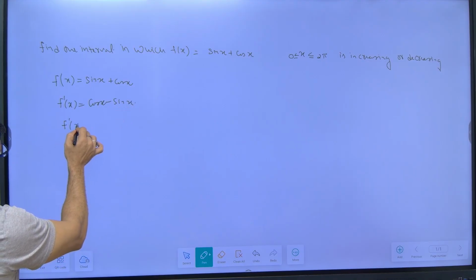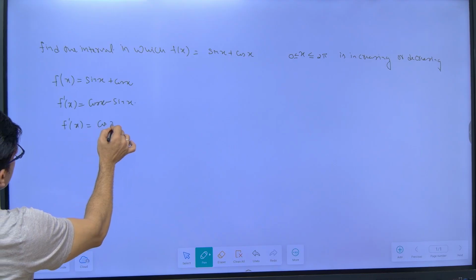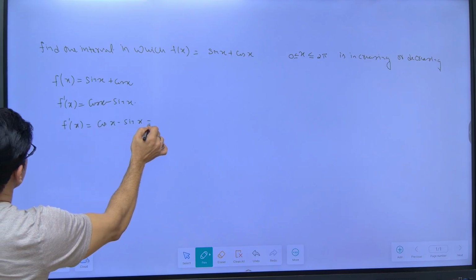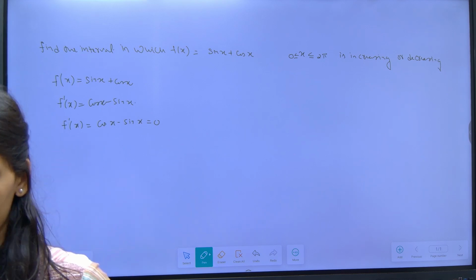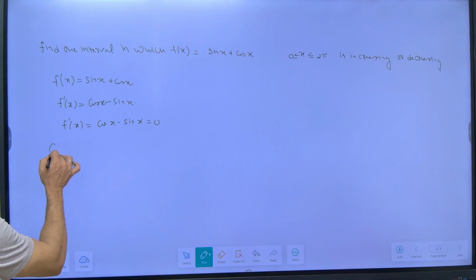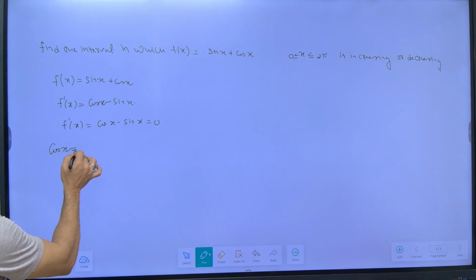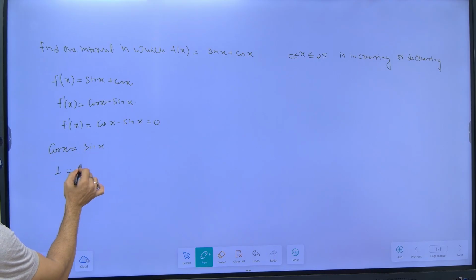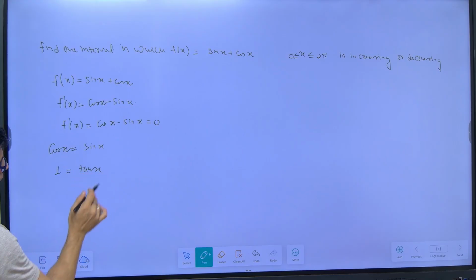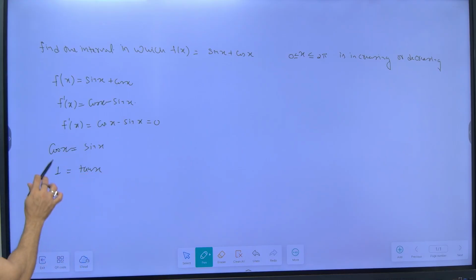Put this equal to 0, means cos x minus sin x is equal to 0. This will give you cos x is equal to sin x, or not? And you bring this cos x down, so this will be sin x by cos x, which is tan x, or not? Cos x down.